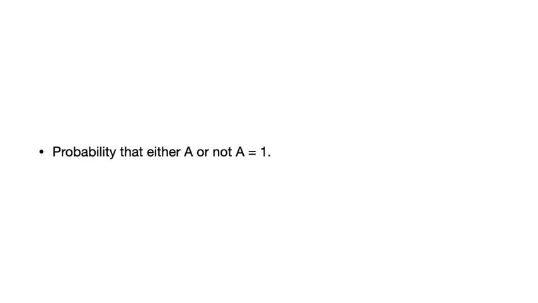But you can take it for something way less likely. The odds that you draw an ace as the first card from a well-shuffled deck, 1 out of 13. The odds that you don't, 12 out of 13. A is drawing an ace, not A is not drawing an ace. They're going to add up to 13 out of 13. Odds that you draw the ace of clubs on the first draw, 1 out of 52.